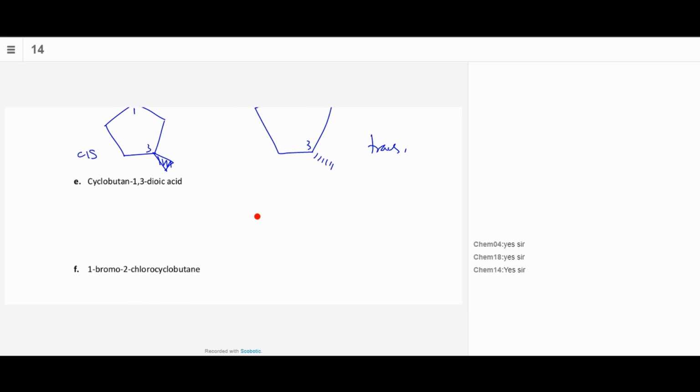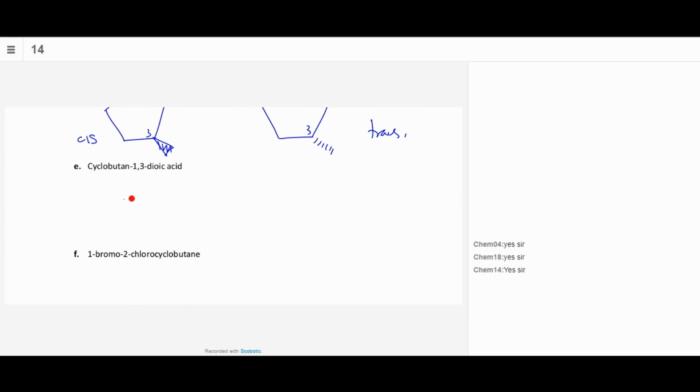Cyclobutane, 1,3-dioic acid. Trans. 1, 3.